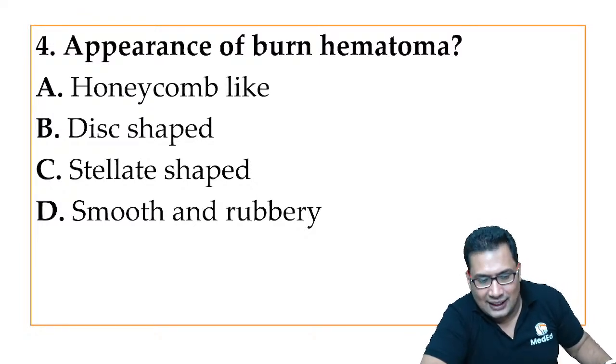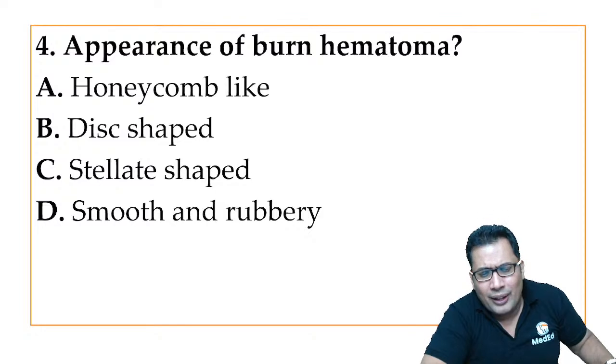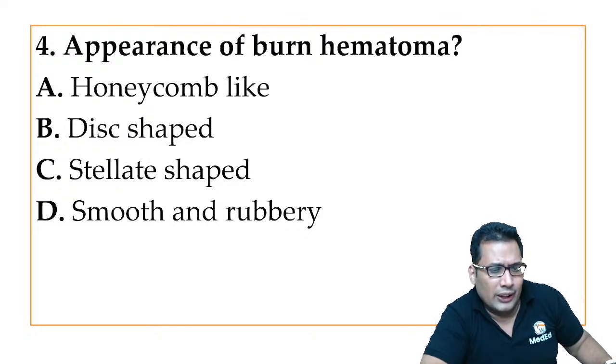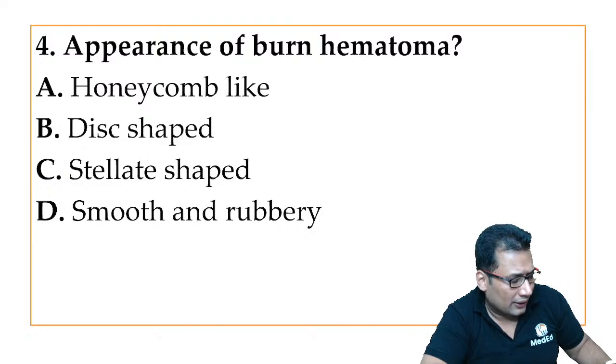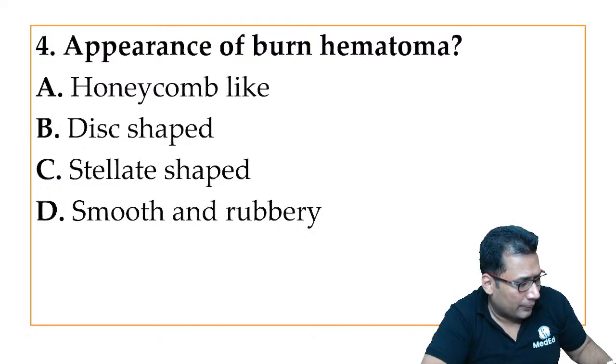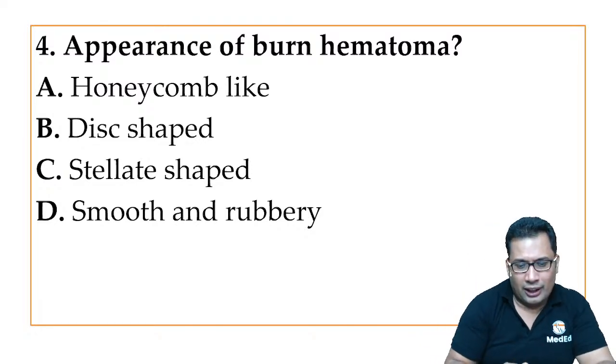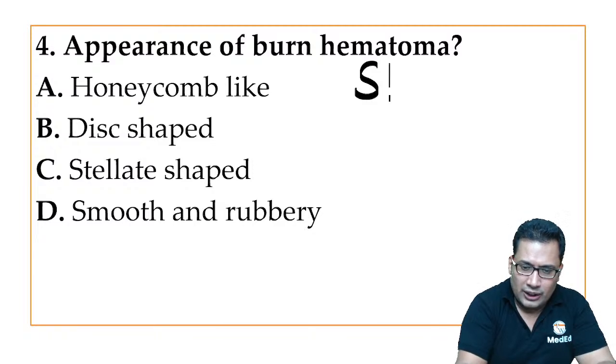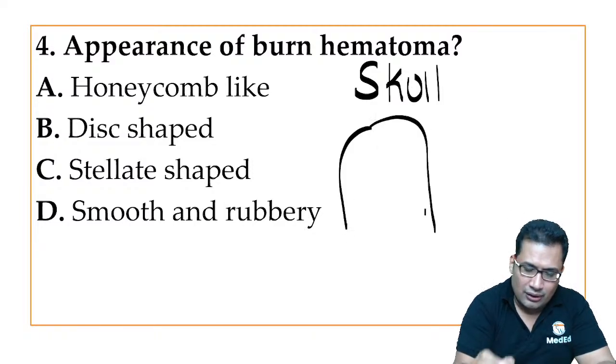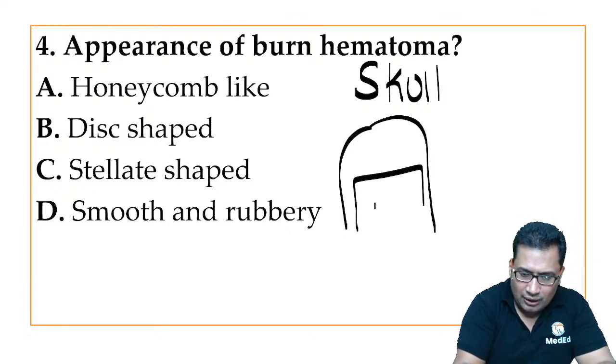So in clinical examination, appearance of bone hematoma: honeycomb, dish shape, stellate shape, smooth and rubbery. Heat hematoma. Say for example, this is the skull, and you will see the dura mater.